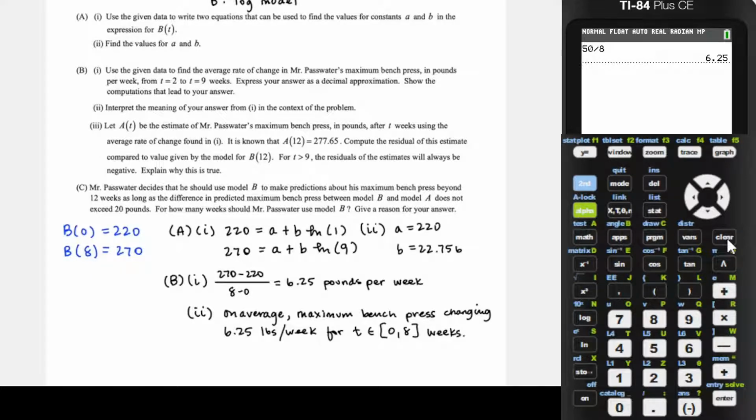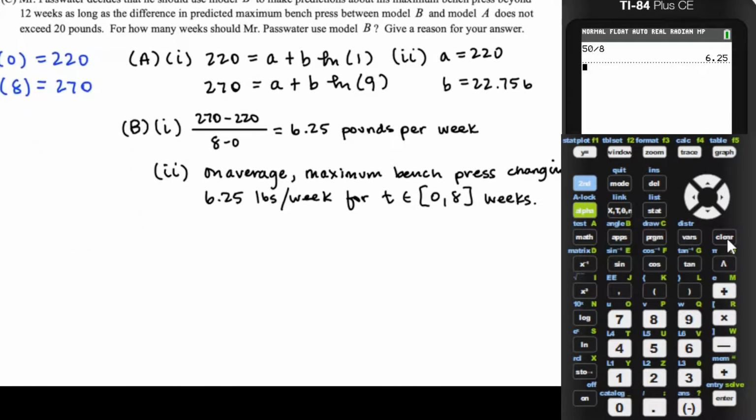So A of 12 is the prediction. That's my interpretation of this question. I don't know about this one. So residual is actual minus predicted.